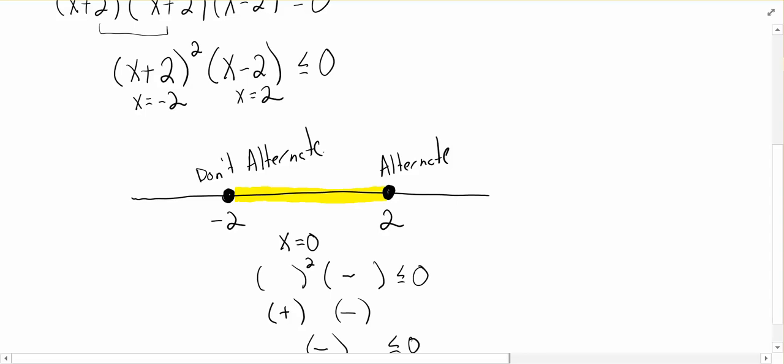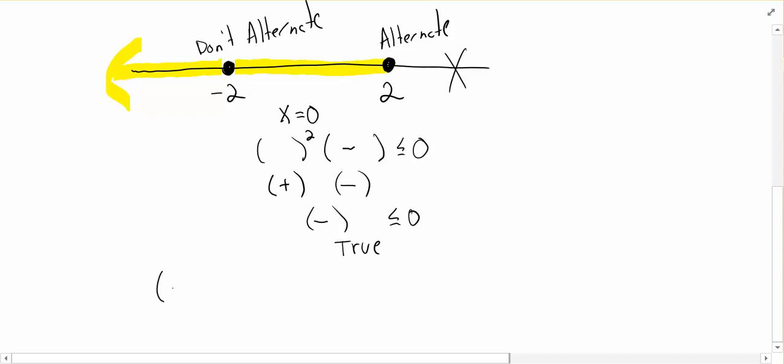By not alternating, we mean if it was yes on the right, it's also yes on the left. If it had been no on the right, it would also be no on the left. But as I go across this point that's supposed to alternate, it was yes on the left, which means it better be no on the right.